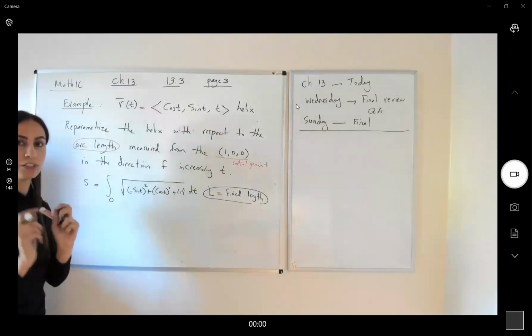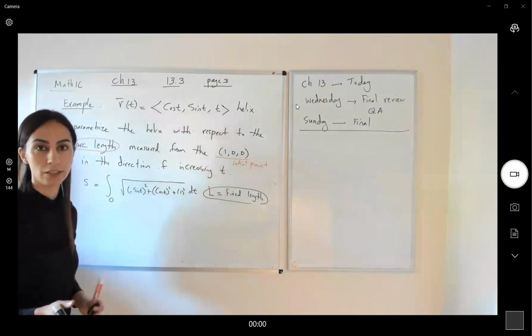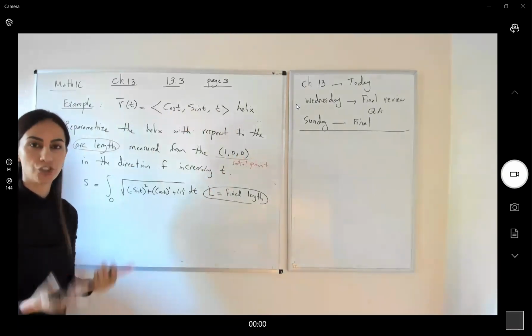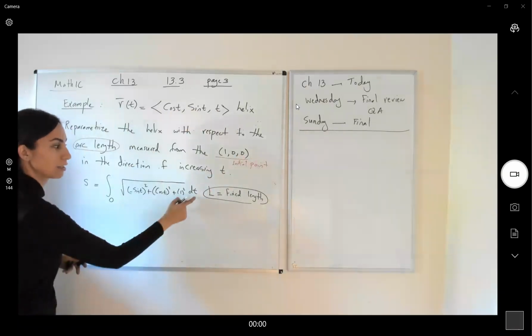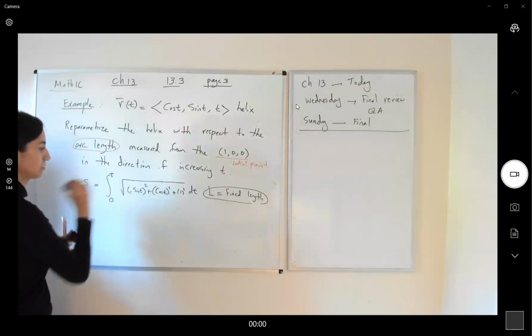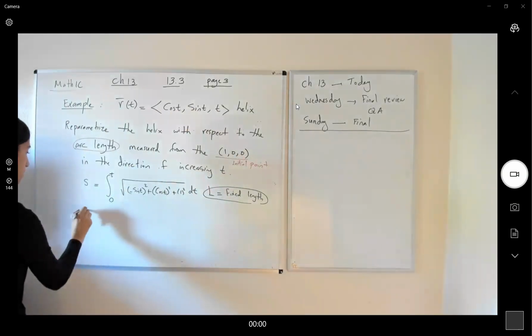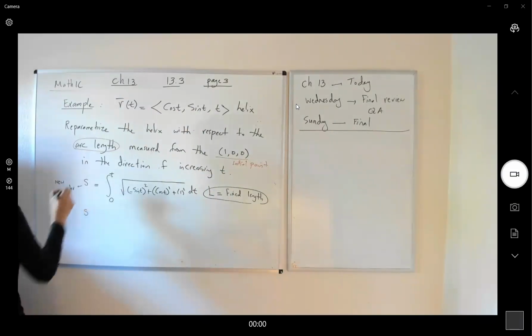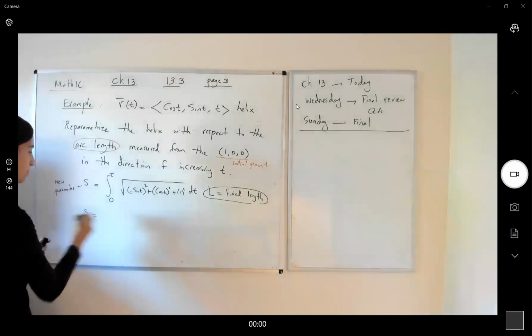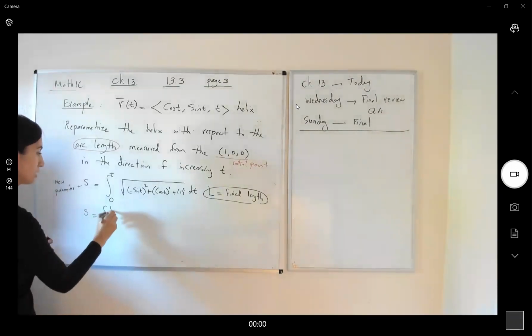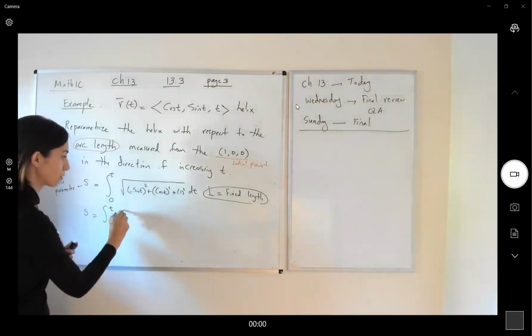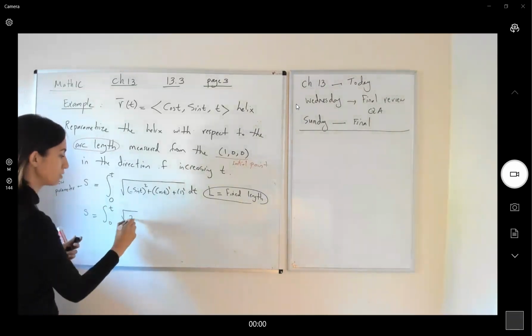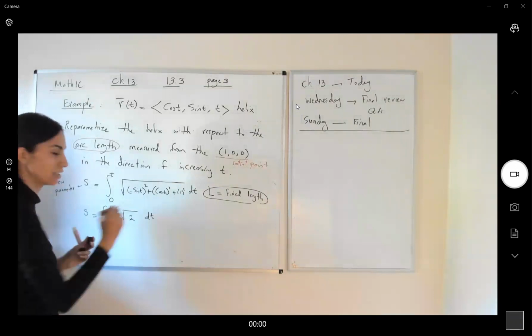The ending point, the terminal point is not here, so we're going to use a general variable like t. So S, this new parameter, is equal to the integral from 0 to t of square root of 1 plus 1 dt.